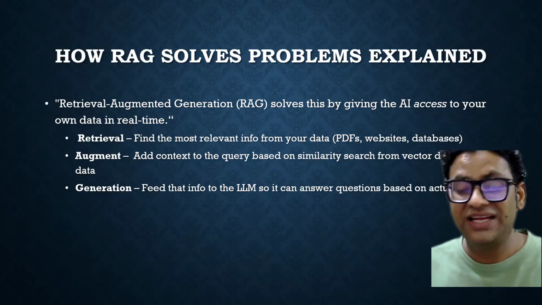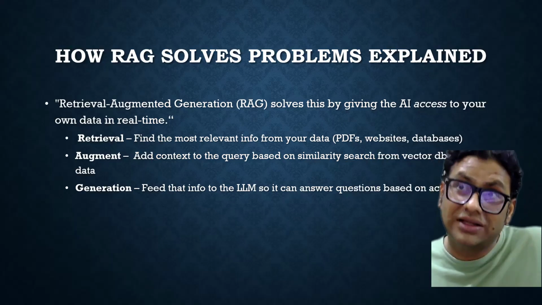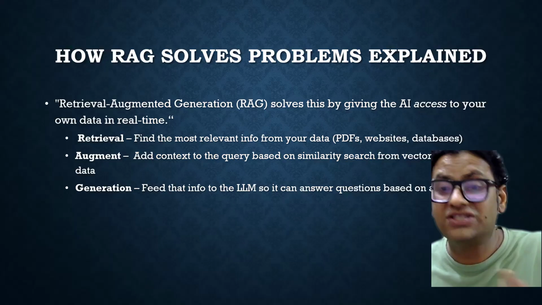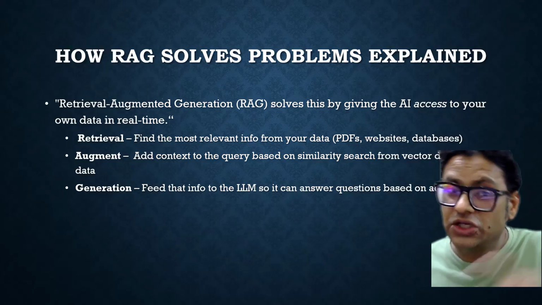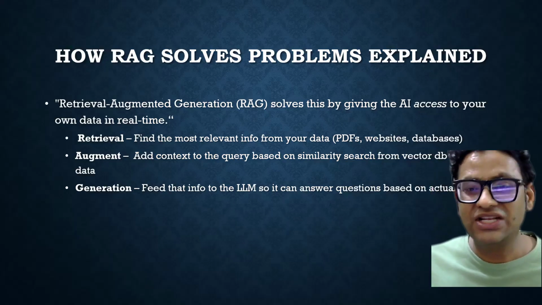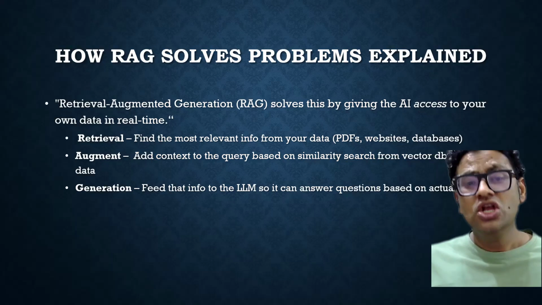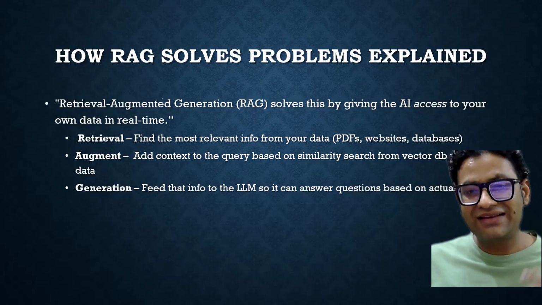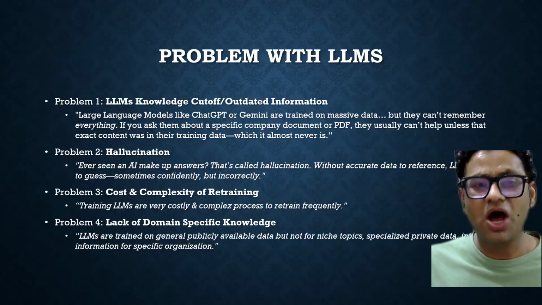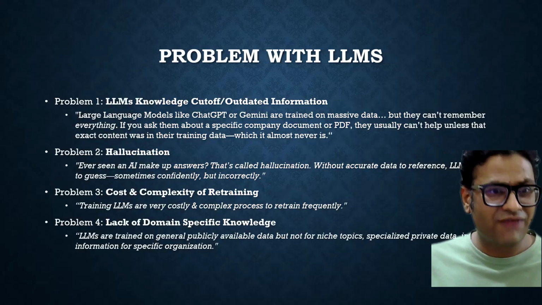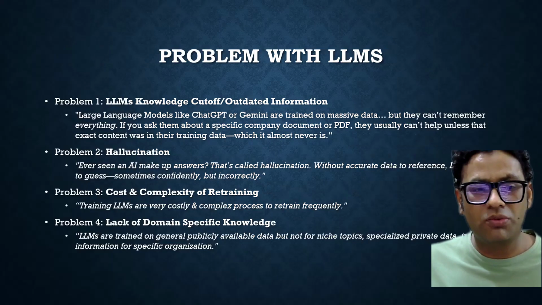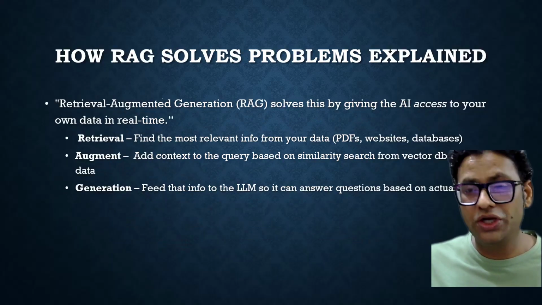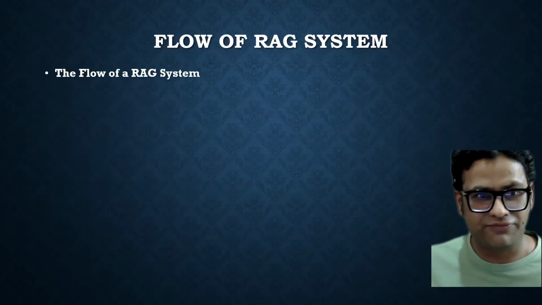If LLMs are not trained on that specific area, they can utilize that information. And the same with generation. The LLM gets the complete context, and based on that, it provides the response. So with the use of RAG, we are able to solve problem 1 and problem 2, and we don't need to go for the costly retraining.